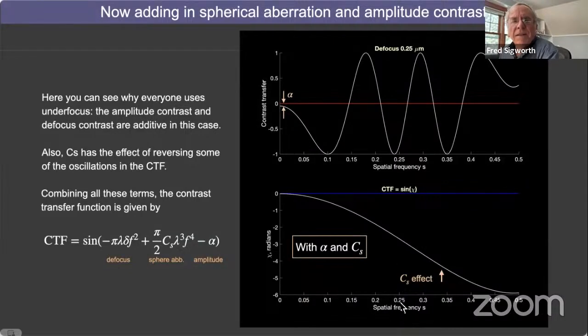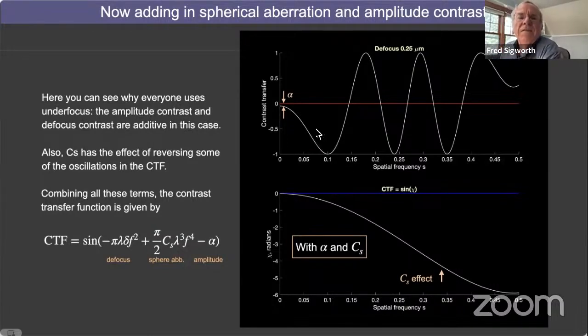So the spatial frequency in inverse angstrom. So here's the point where I would say that CS starts to take effect. And see, when we get down to 2 angstrom resolution, the CS, the spherical aberration is getting to be really important.